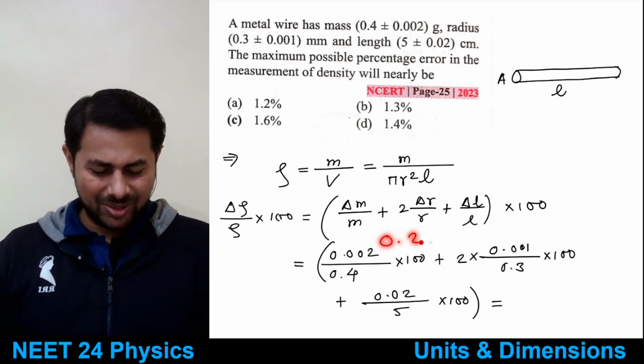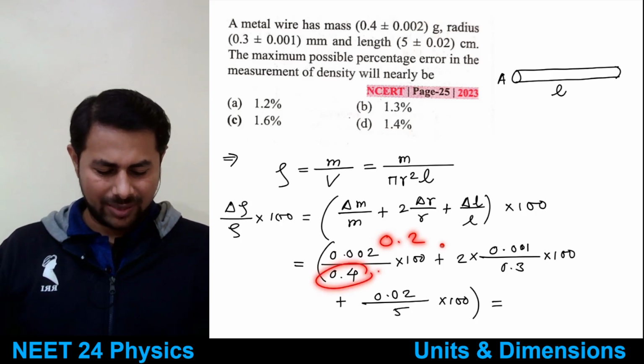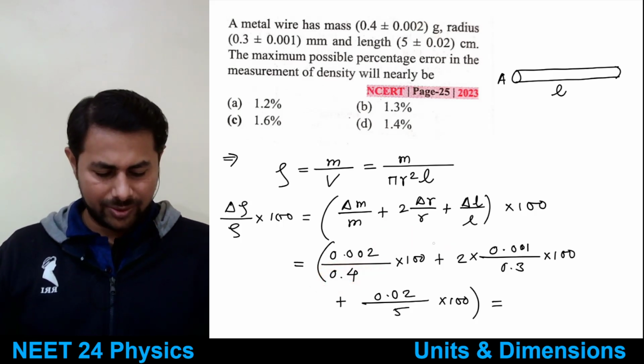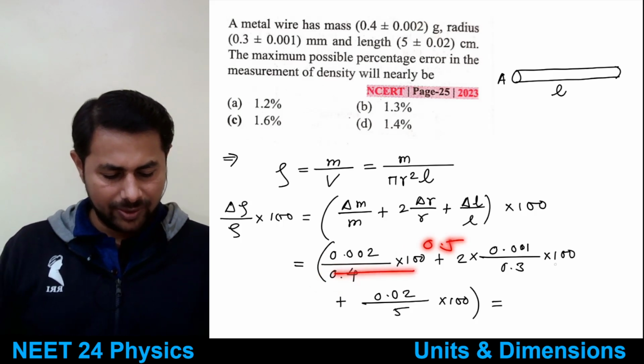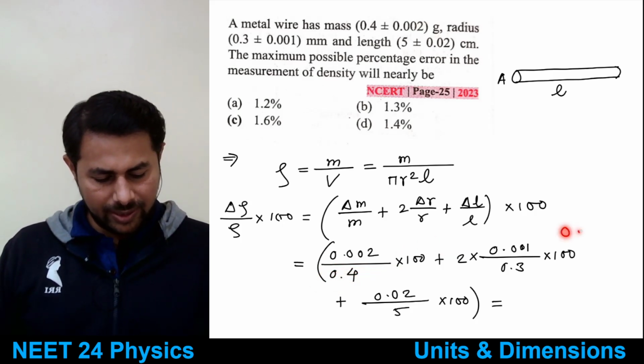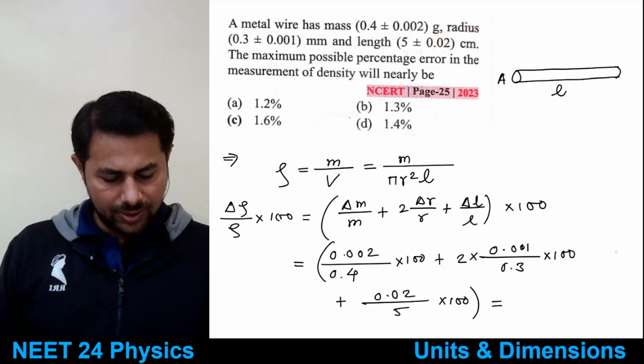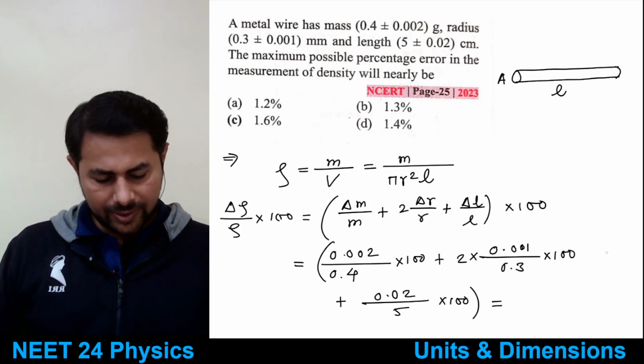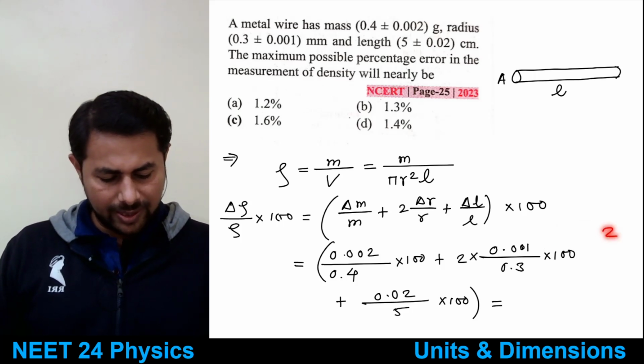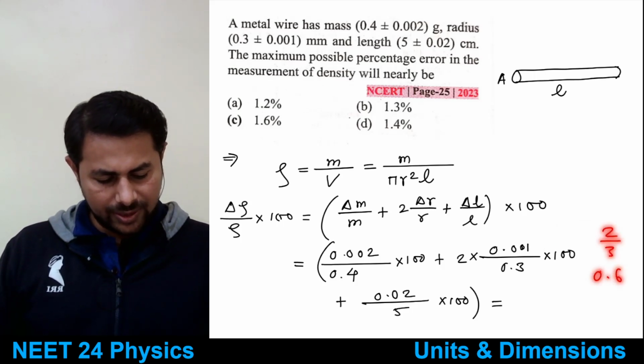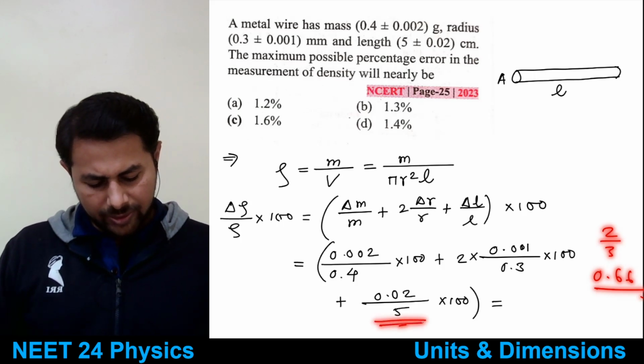So then it will be 0.2 divided by 0.4. That means 2 by 4. So it's 0.5. First one is 0.5. Second one is 0.2 divided by 0.3. That means it will be 2 by 3, so this thing will be 0.66. And what about this one?